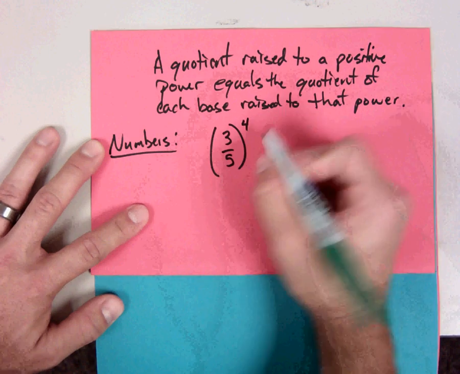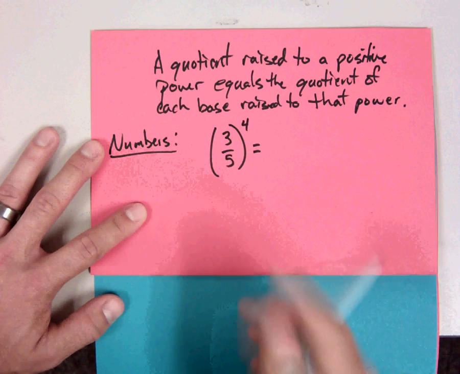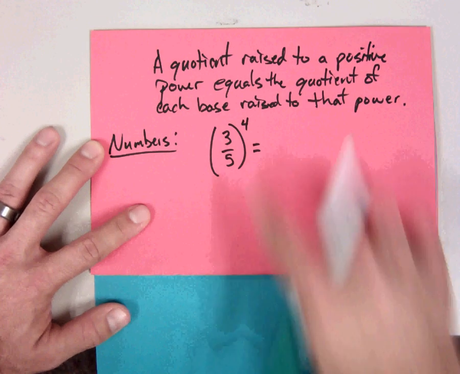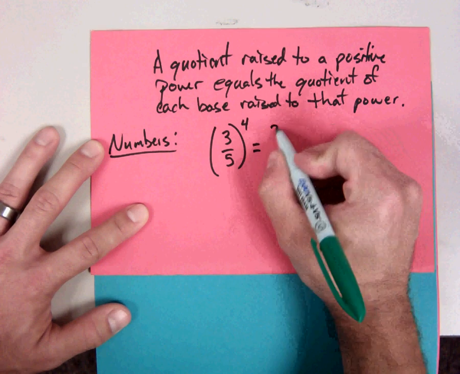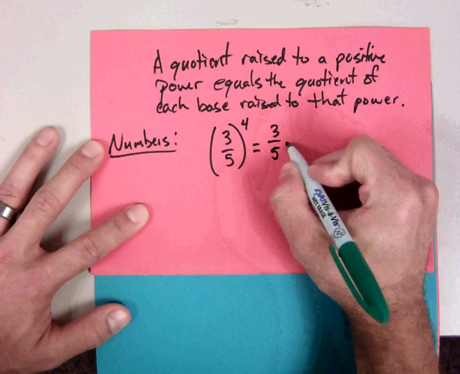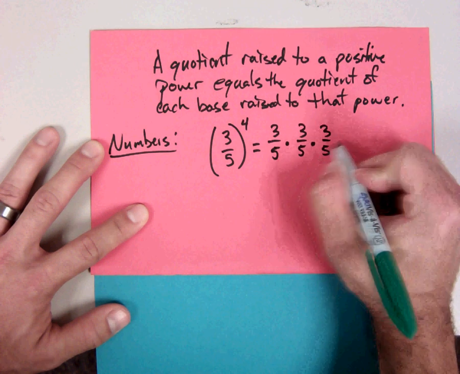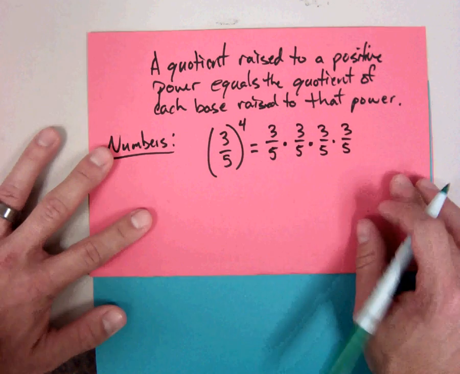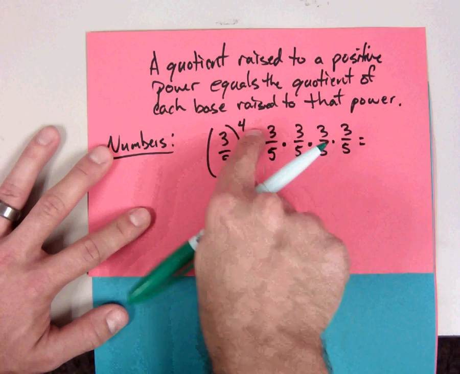Well, if we open that up, remembering what we know about powers, it means to use this base, 3/5, as a factor 4 times, so you're really going to have 3/5 times 3/5 times 3/5 times 3/5, which really could be rewritten. If we're going to multiply this out, we're just going to multiply straight across.